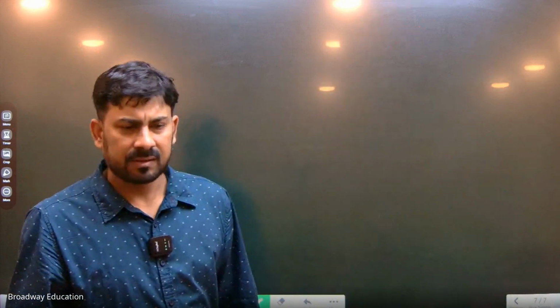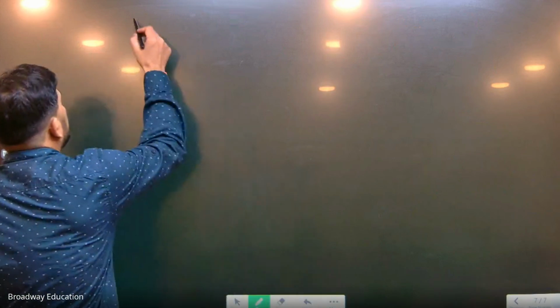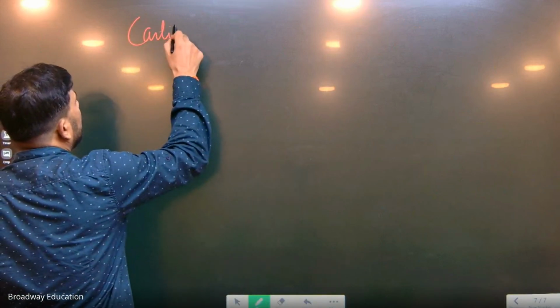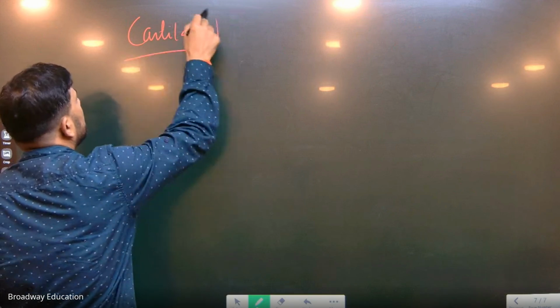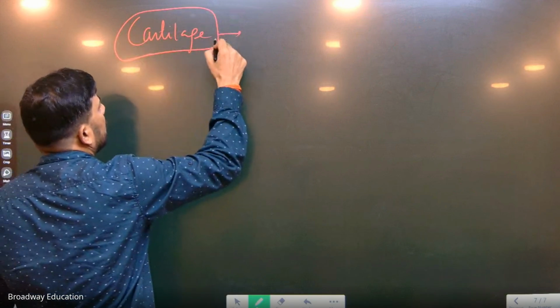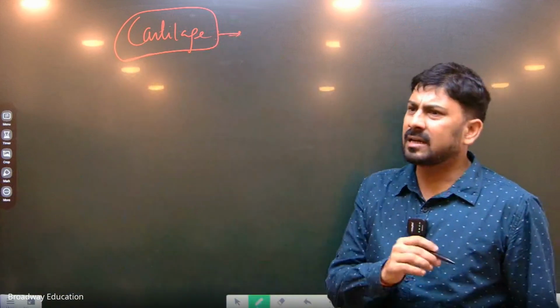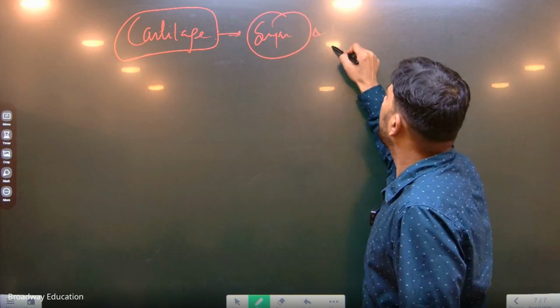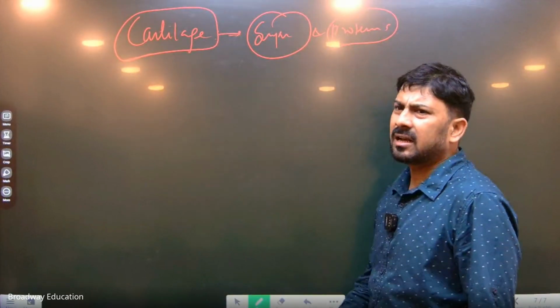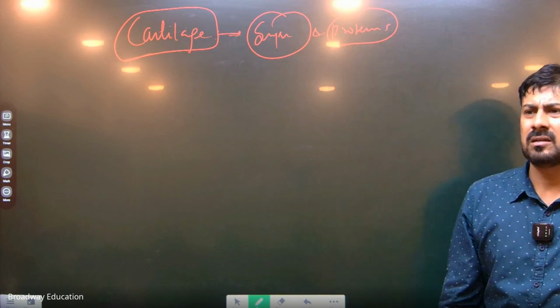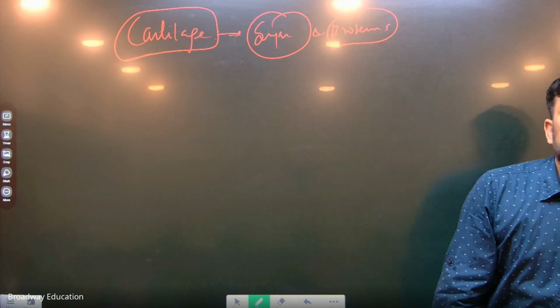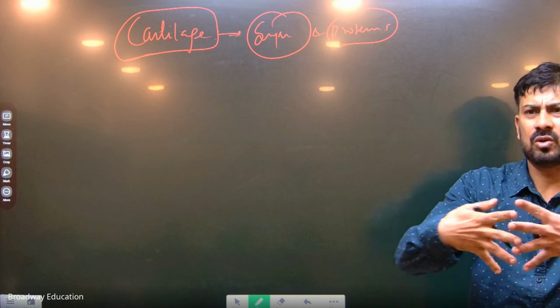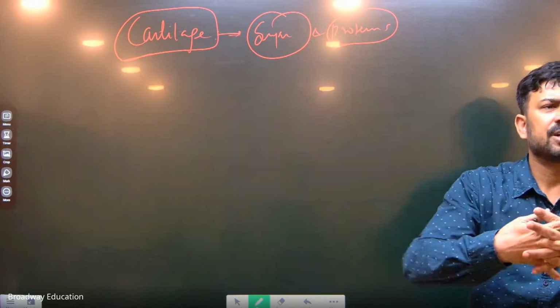what was the next topic? Cartilage. So what are the cartilage? These are the sugars and the proteins, and these are responsible for making the joints smooth.